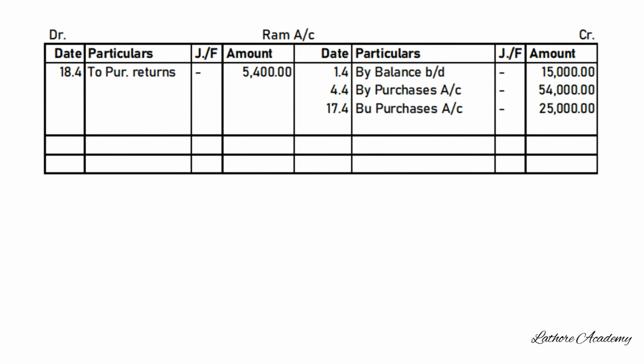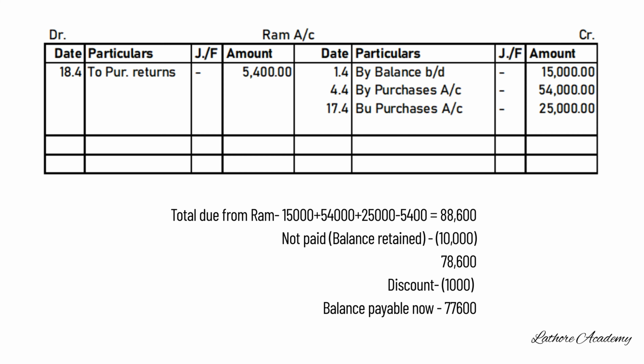For calculating the amount payable, the total due to Ram was 88,600. So totaling all the credits and deducting the purchase returns, we arrive at 88,600. In that, 10,000 is being retained as balance and we are not paying it.